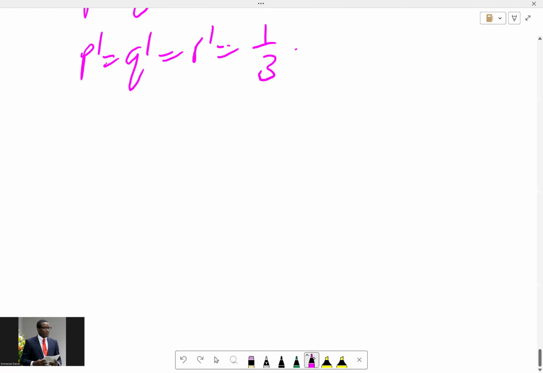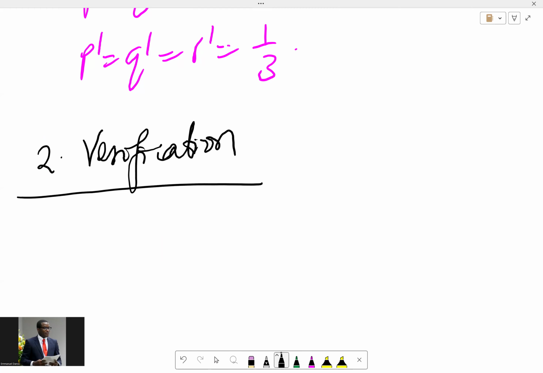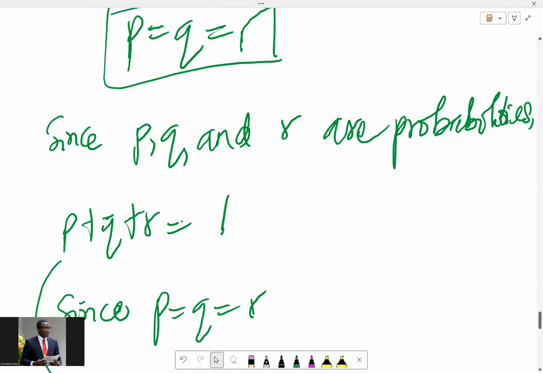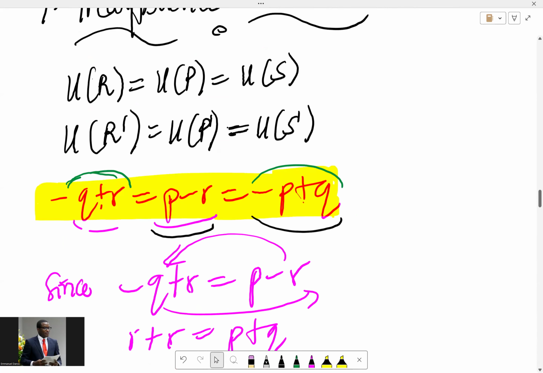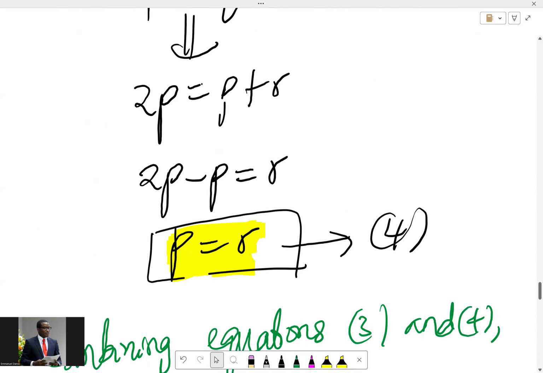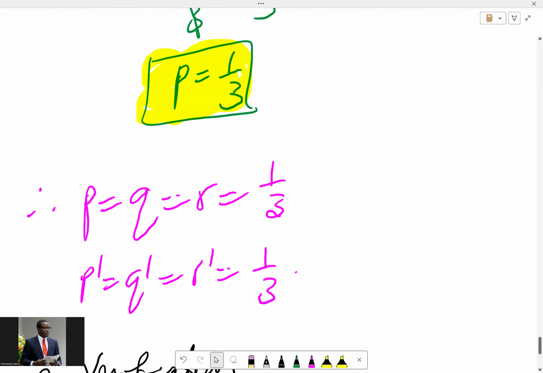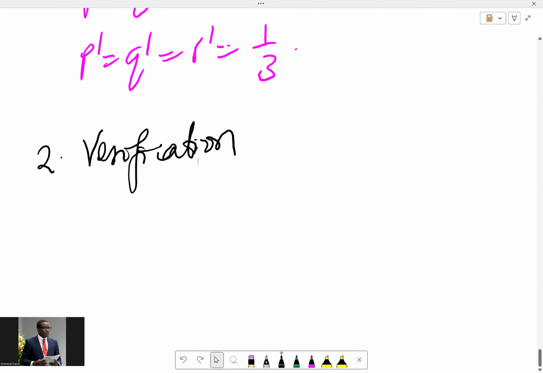Having done that condition, we can now go for 2 and talk about the verification. The verification is simply about the fact that this probability now makes everything unpredictable.